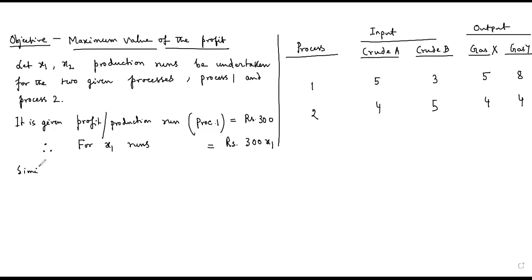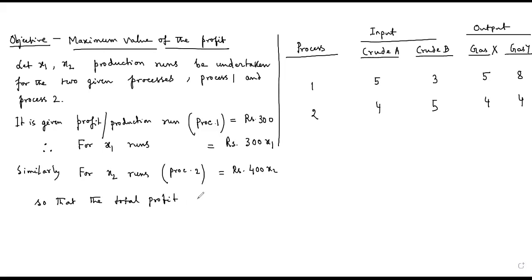Similarly, for X2 runs, for process 2, the profit will be rupees 400 X2, so that the total profit is rupees 300 X1 plus rupees 400 X2.